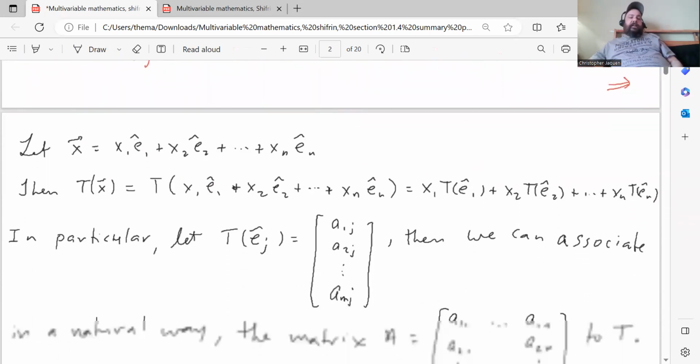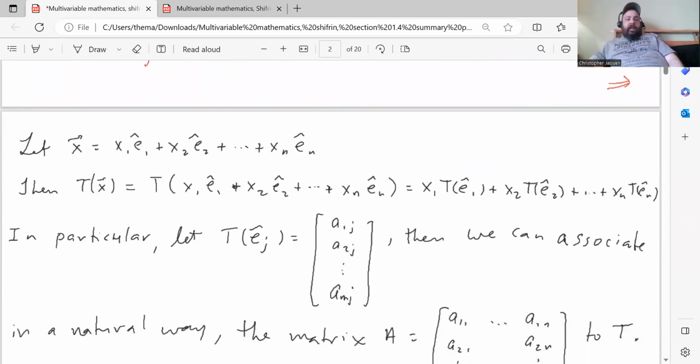Every vector in Rn can be written as a linear combination of the standard basis vectors: x is x1 times e1 hat plus x2 e2 hat, and so on, up to xn en hat. Just in case you've forgotten, e1 hat is the vector with a 1 in the first position and all other entries 0, e2 is the vector with a 1 in the second position and all other components 0, and so on. Those are called the standard basis vectors.